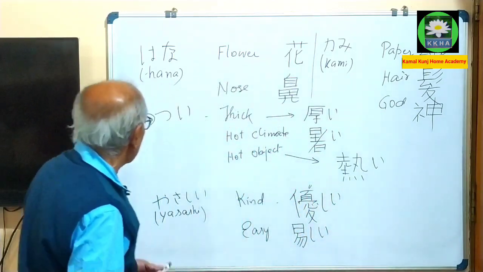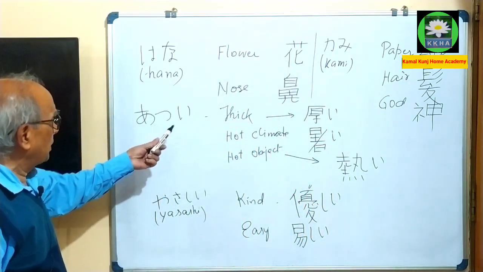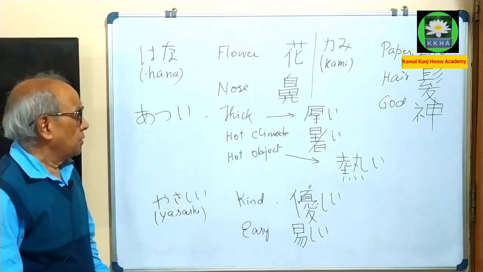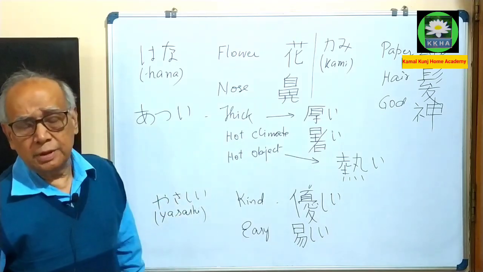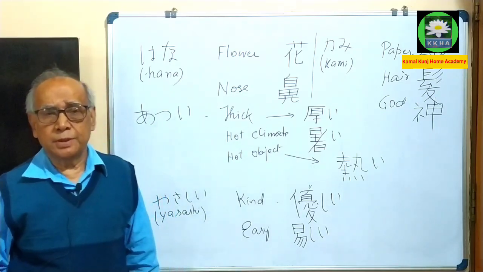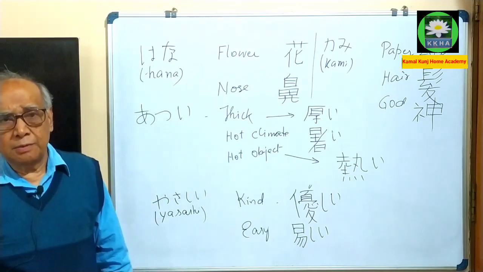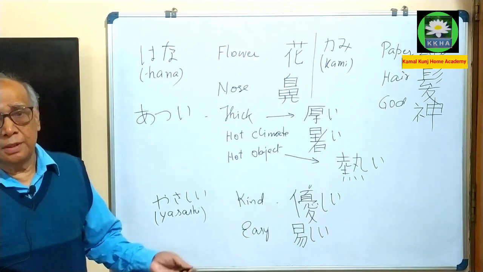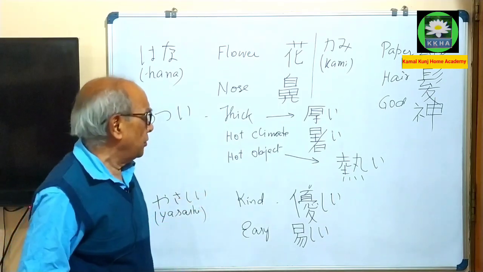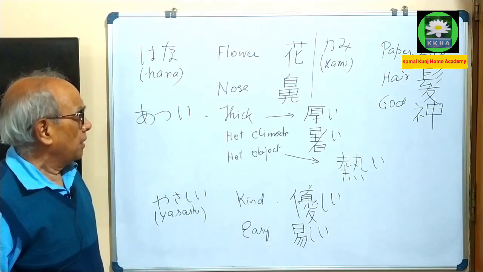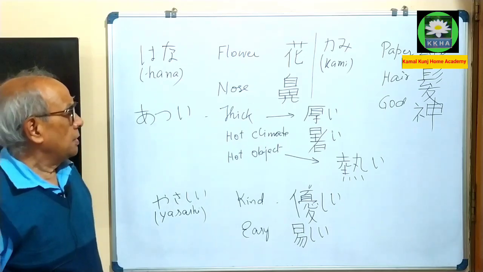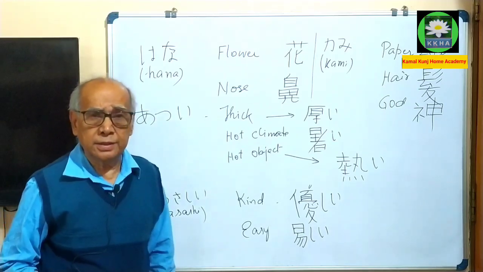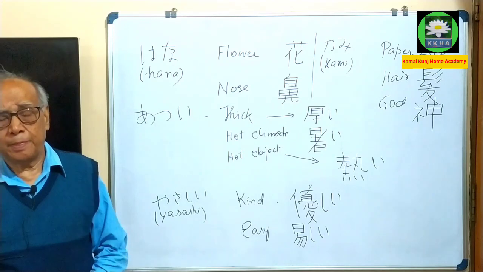So here pronunciation is same but meanings are different. So a large number of homophones are there in Japanese writing. So kanji are necessary to differentiate between these homophones. And meaning depends on the context, in which context we are talking.